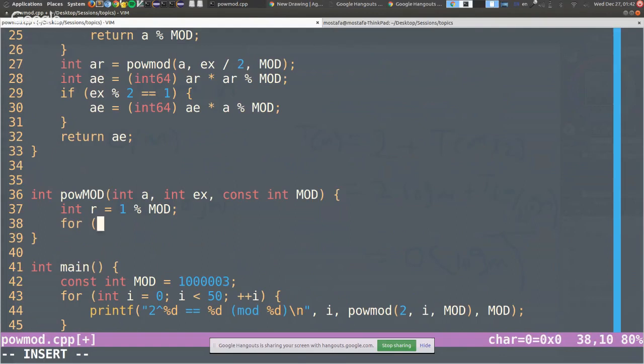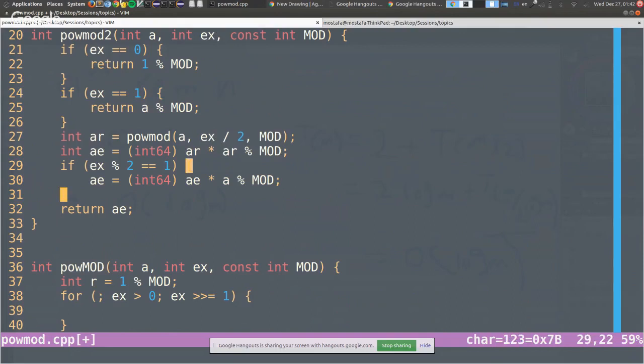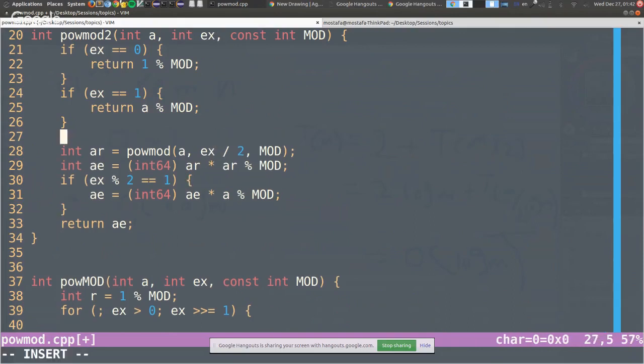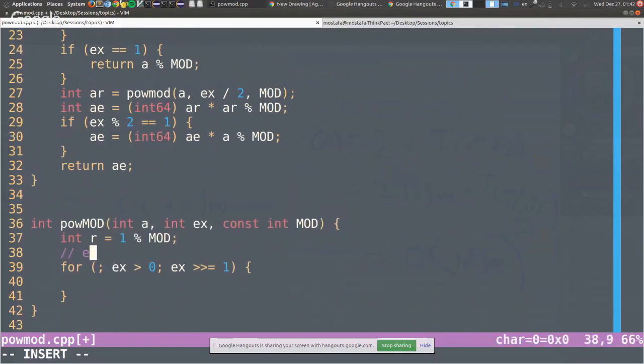And then I still have the exponent. Here we can also notice a quick trick: the exponent shifted by 1 is the same value as making x divided by 2.